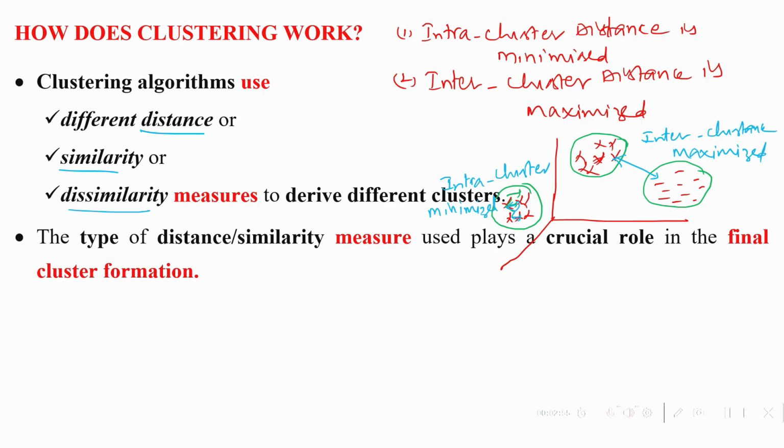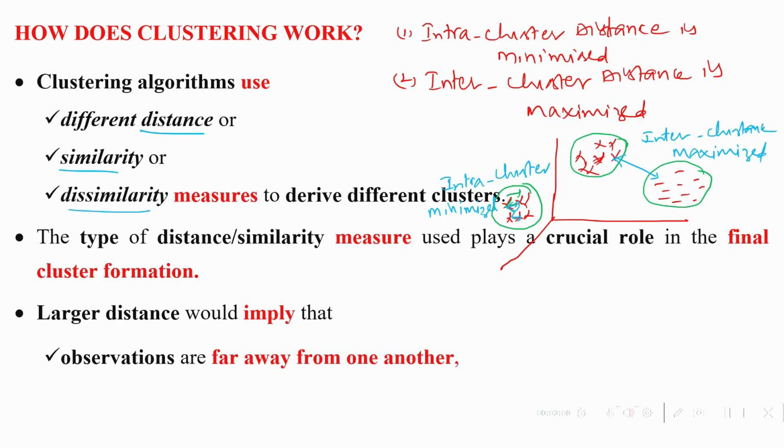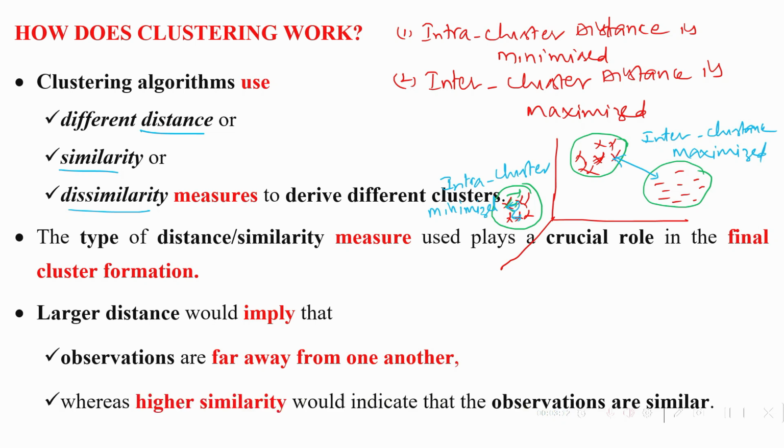The type of distance or similarity measure used plays an important role in the final cluster formation. The larger the distance, the farther apart the observations are, whereas a higher similarity indicates the observations are similar.